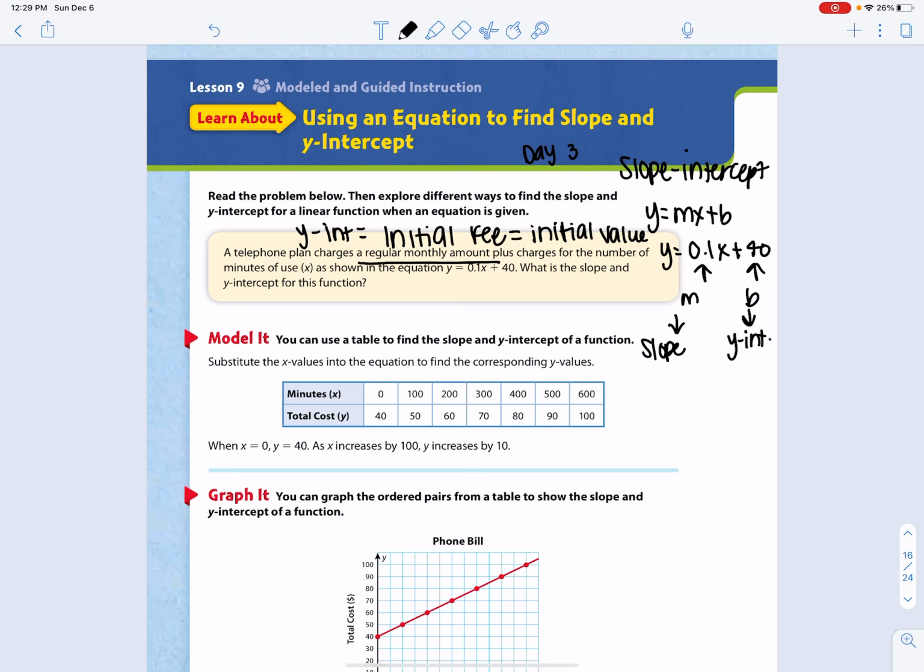So our y-intercept is the regular monthly fee. Making the slope be the number of minutes used, which is our x. So that means our slope needs to be the amount they charge per minute.